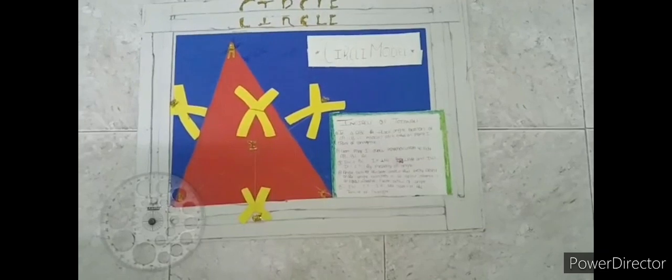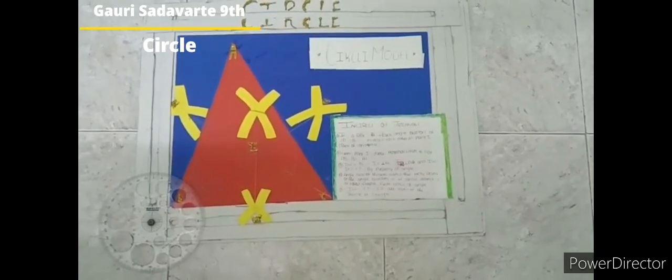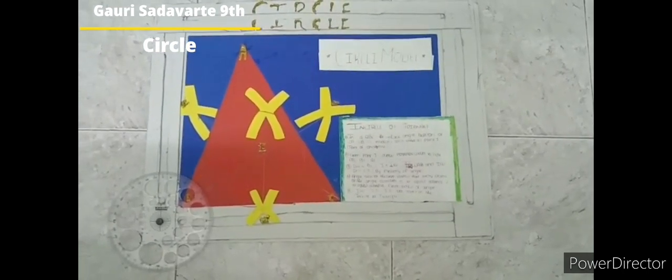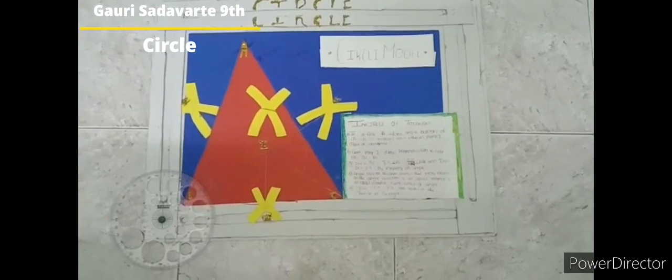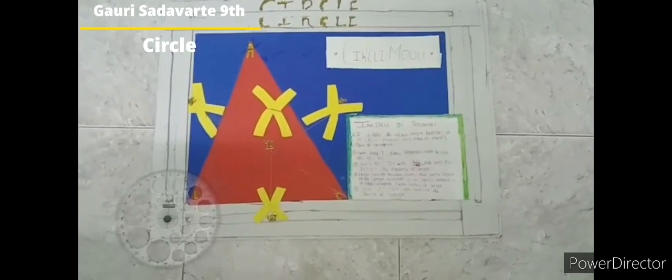This model is made on circle, which we are studying from standard 6 to 7. There are two types, which are circle and encircle. So I have taken encircle, where the circle is made inside the triangle.